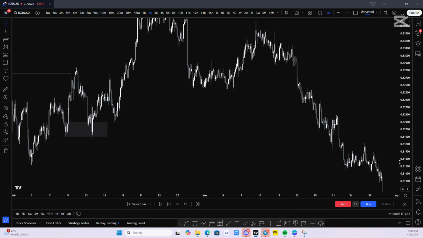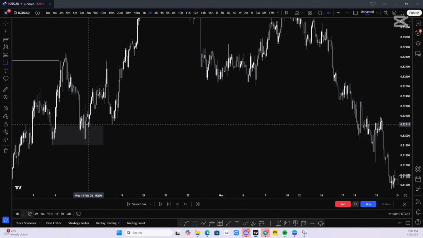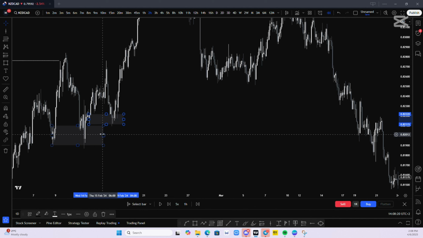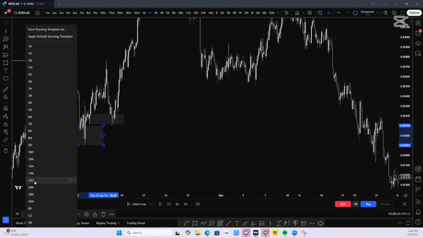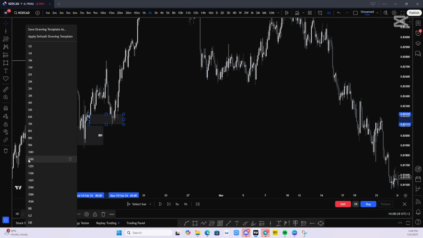Unfortunately price does the same thing and just spikes out our demand area here and then pushes to the upside. But again, we're going to look for more confirmation entries. This here is on the 8-hour chart, and this here is on the 2-hour chart.